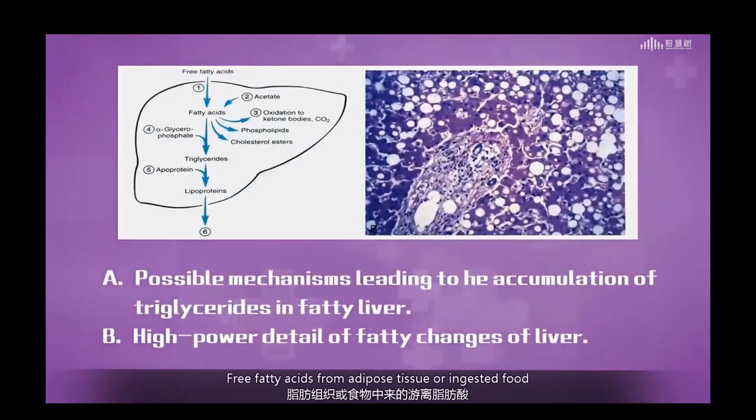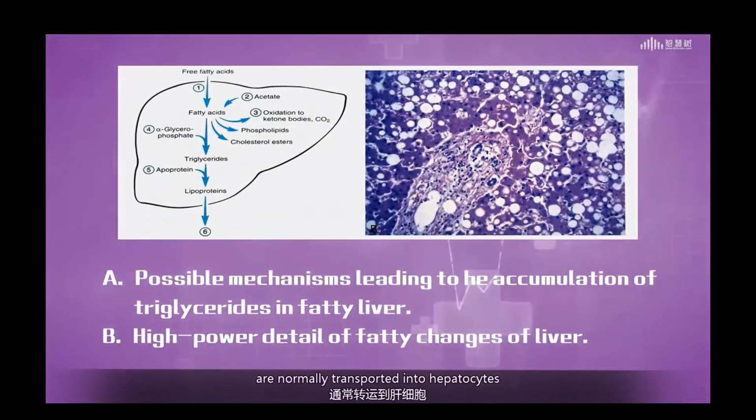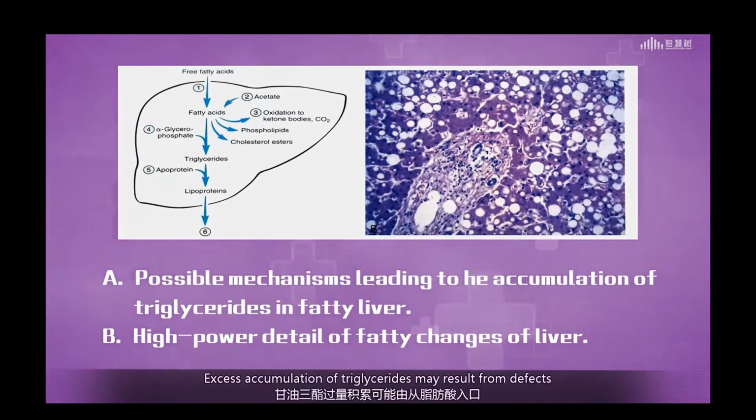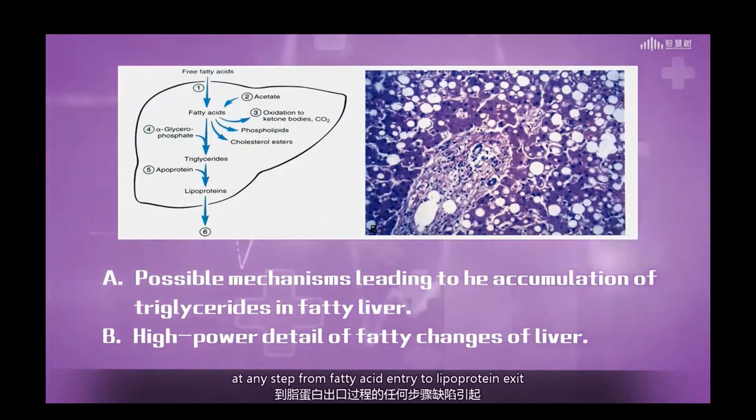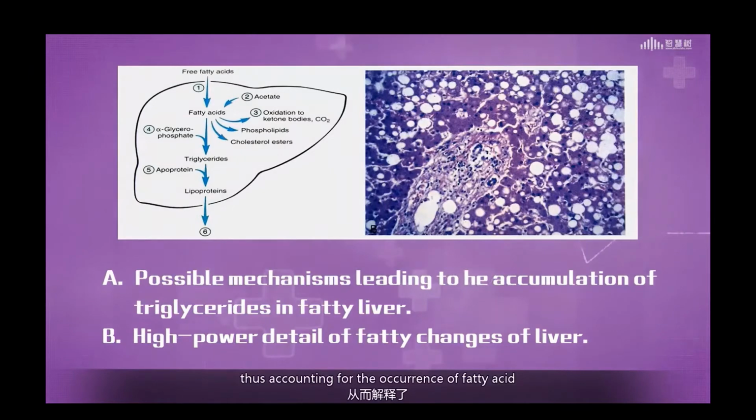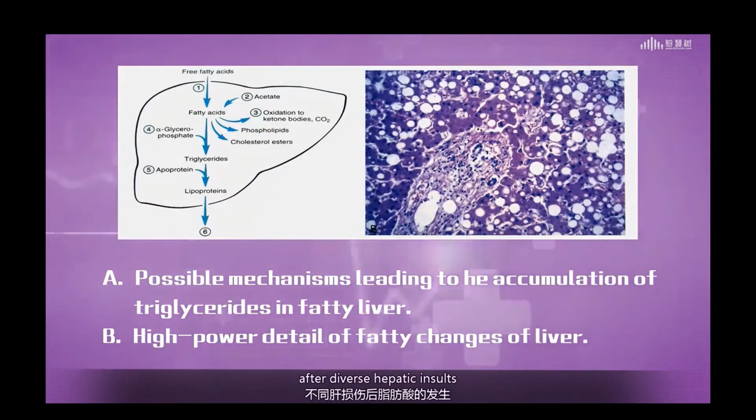Free fatty acids from adipose tissue or ingested food are normally transported into hepatocytes. Excessive accumulation of triglycerides may result from defects at any step from fatty acid entry to lipoprotein exit, thus accounting for the occurrence of fatty change after diverse hepatic insults.